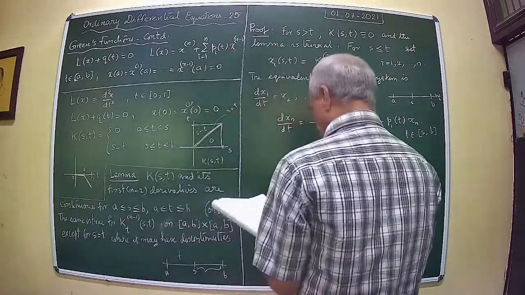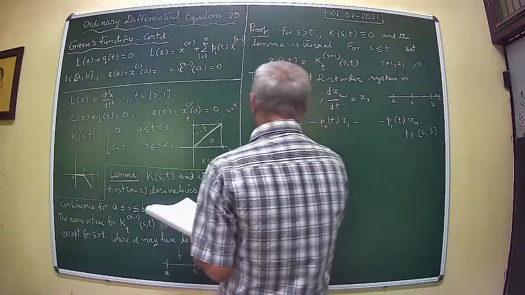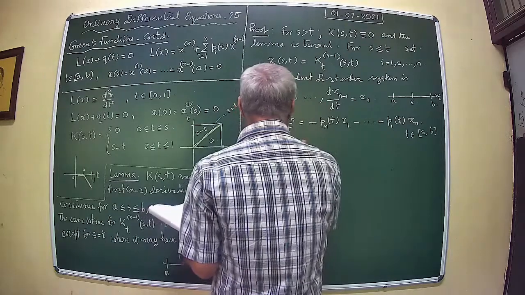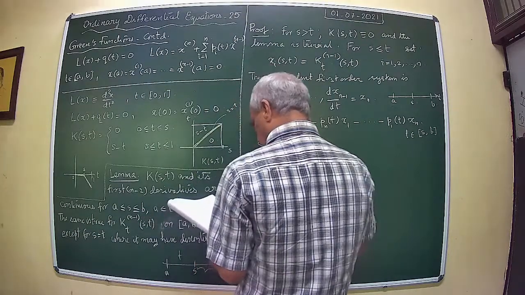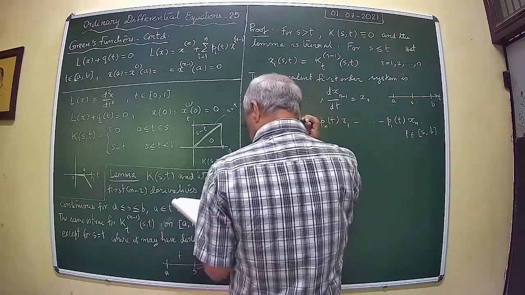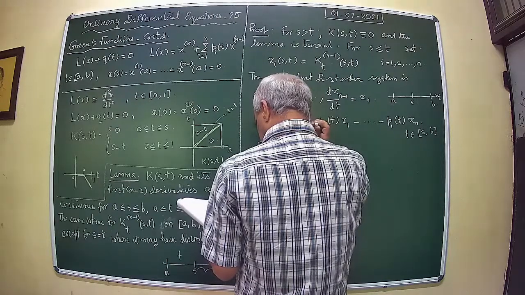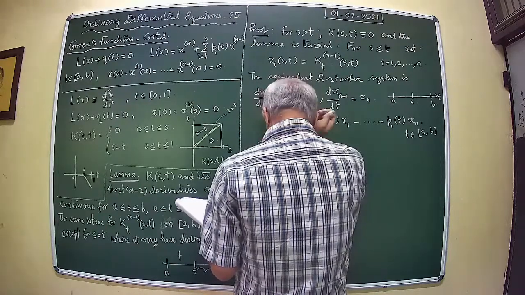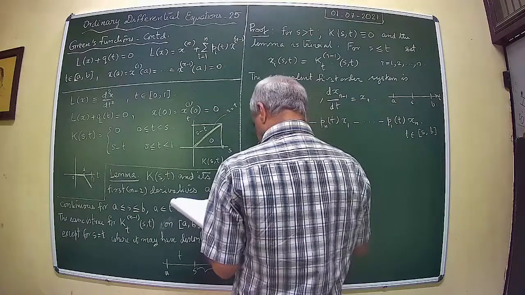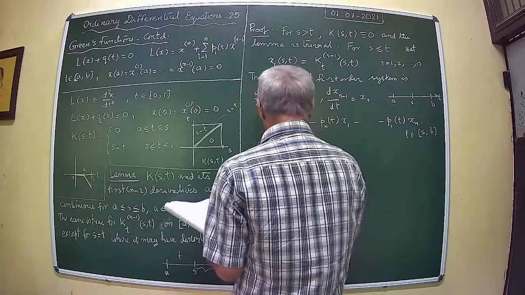So you set tau equal to t plus a minus s, that is, t equal to tau plus s minus a.